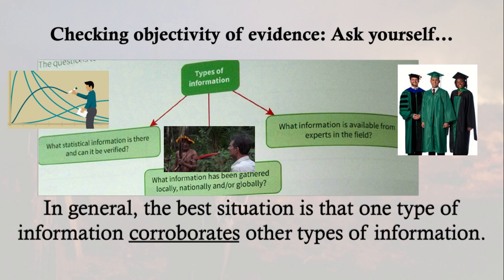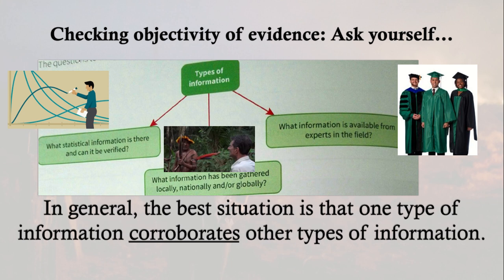Having said that, in general, the best situation is that one type of information corroborates other types of information. So the best situation is that statistical data is backed up with local stories, or that whatever the expert says is backed up by statistical data.